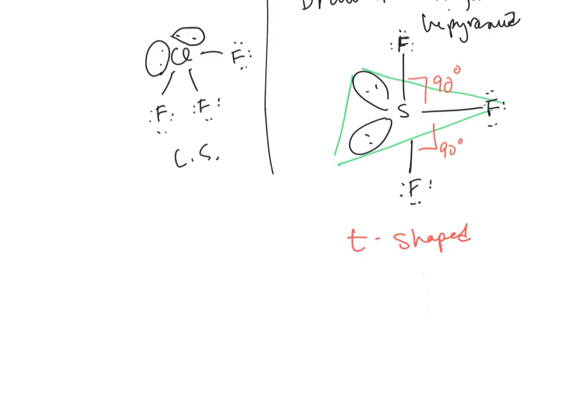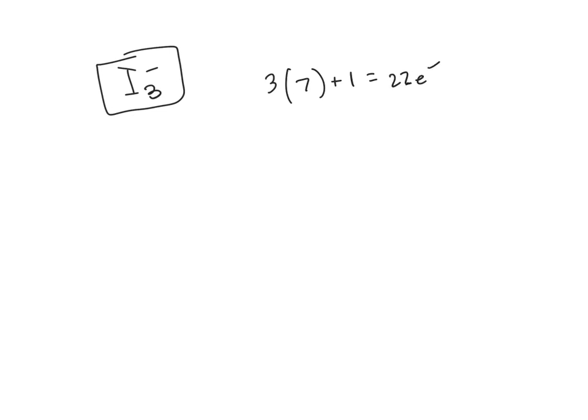There's one more in the group, and that one is I3 minus. So let's see. Let's go ahead and say 3 times 7 for each iodine plus 1, and that's going to be 22 electrons.